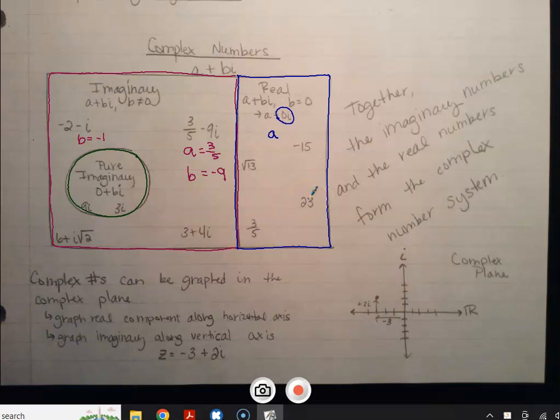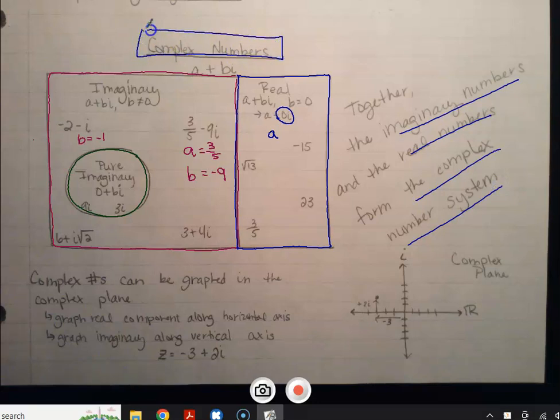Because b equals 0, in real numbers there is no imaginary part to it. So together, the imaginary numbers and the real numbers form the complex number system. That's what we have here, the complex number system. It's the imaginaries and the reals.